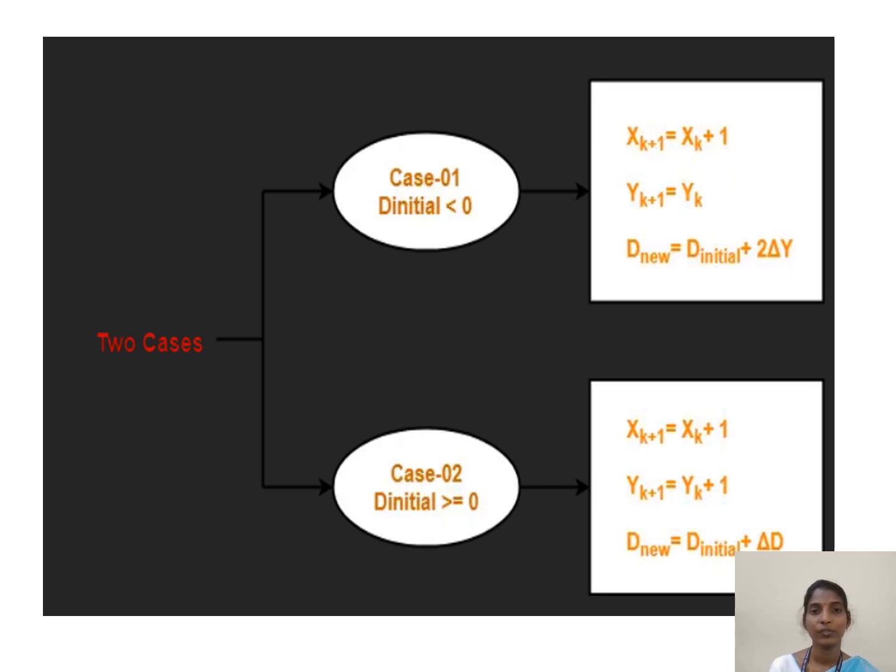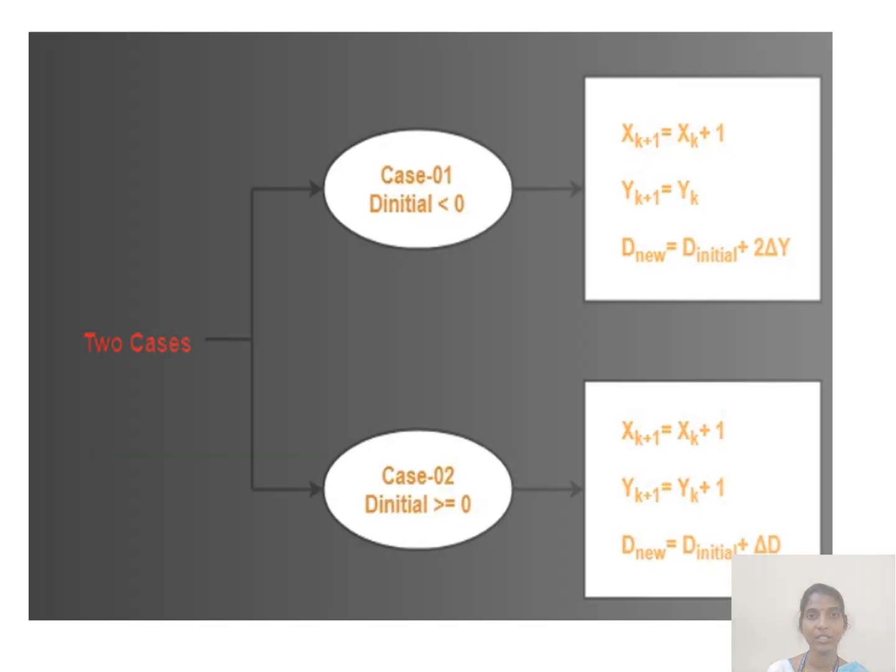Case 1, if d initial is less than or equal to 0, then xk plus 1 is equal to xk plus 1, yk plus 1 is equal to yk, and d new is equal to d initial plus 2 del y. Case 2, if d initial is greater than or equal to 0, then yk plus 1 is equal to yk plus 1, xk plus 1 is equal to xk plus 1, and d new is equal to d initial plus del d.